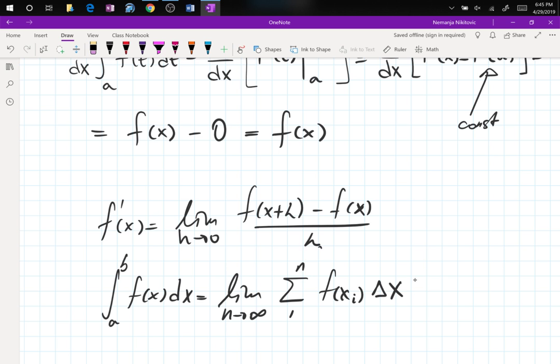What is the stuff that makes them completely opposite of each other? It's way too simple. One is division, and the other one is multiplication. F times delta x. Over there you have f divided by delta x. What else?